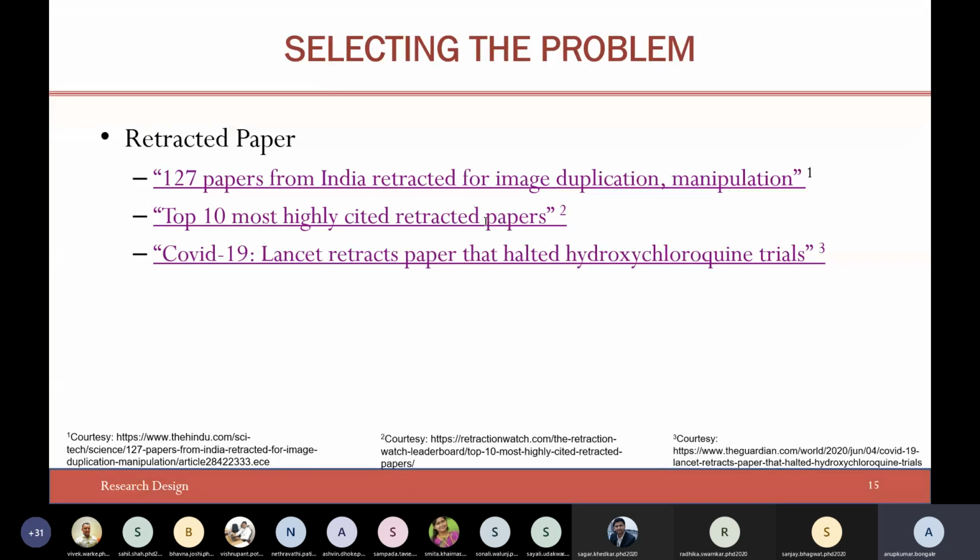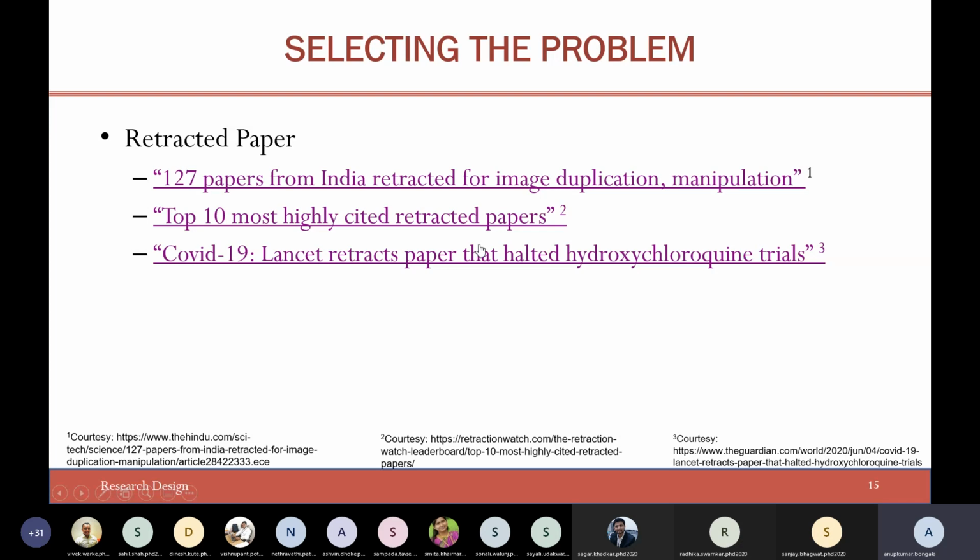Lancet is, I think, a popular journal. The paper got retracted because of falsified information, right? Until and unless you are pretty sure what you are trying to do, you should not end up in such controversies, right? I hope because of these use cases, I have given a glimpse of information, that you should be very cautious.